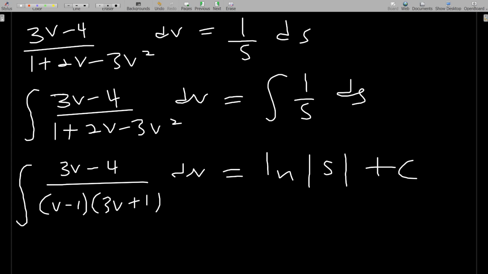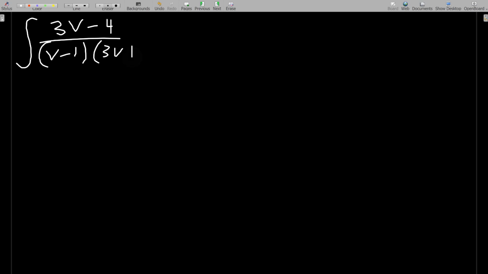Okay, now we are left with integrating this one, and to integrate that, we have to convert to partial fractions. Once we've been able to factorize the denominator, we can convert it to partial fractions. Okay, and now converting it to partial fractions will give us this.